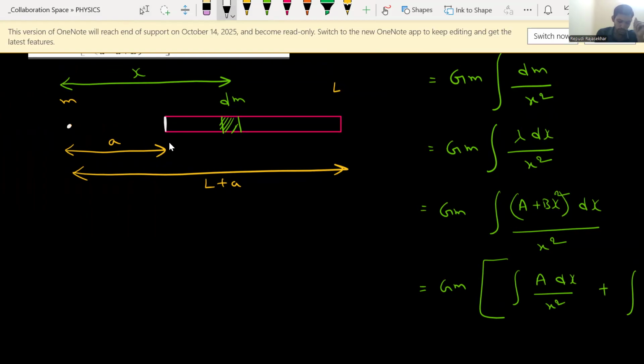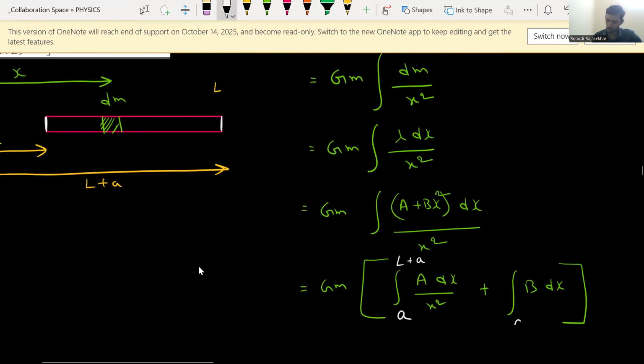So what is the initial distance? A. So the lower limit is A. Where is the final end of the rod from the point size particle? The final distance is L plus A. So the upper limit should be L plus A. Here also limits are from A to L plus A. I hope you can do this integration.